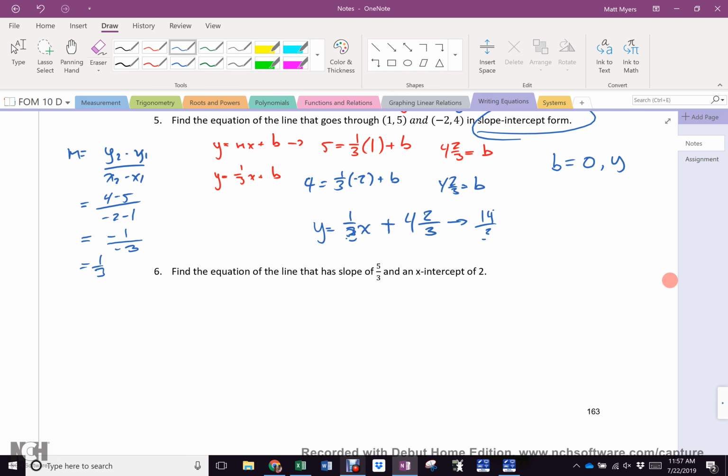How many of you wanted to say slope intercept before I said be careful? Be honest. And of course you wanted to say that because you saw slope and you saw intercept, right? But what intercept did you see? X. So really, x-intercept is 2, 0, isn't it?